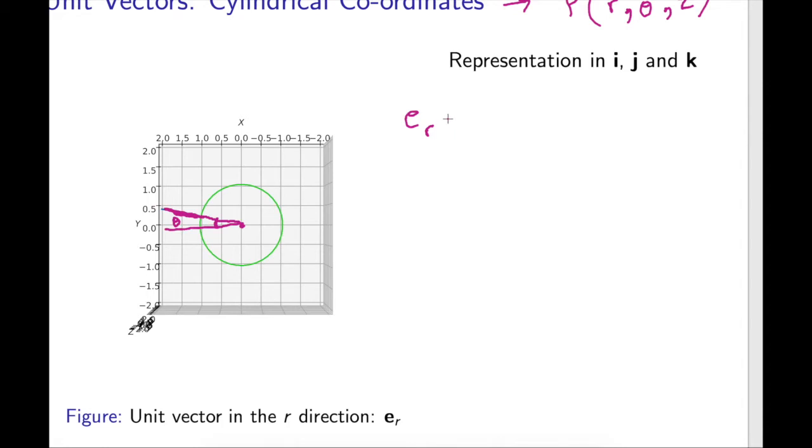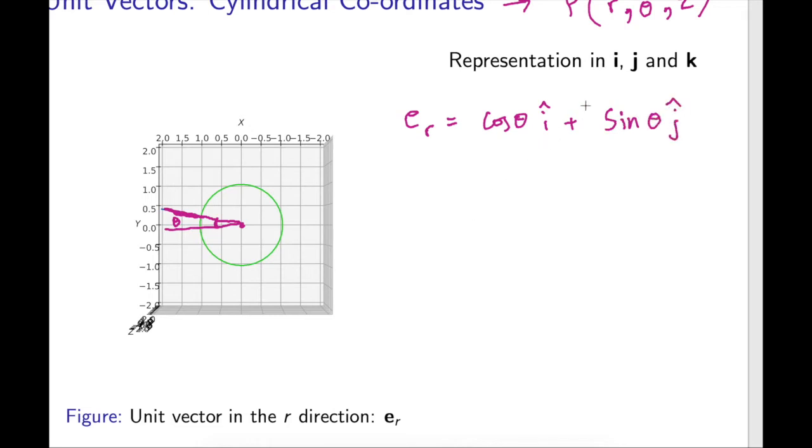Now we are interested in what this e of r is in i, j and k. This is easy because in this direction the x component is cos theta and the y component is sine of theta.